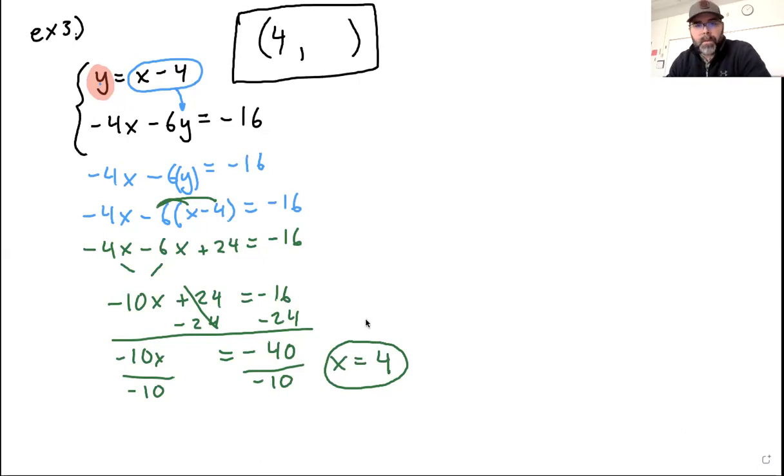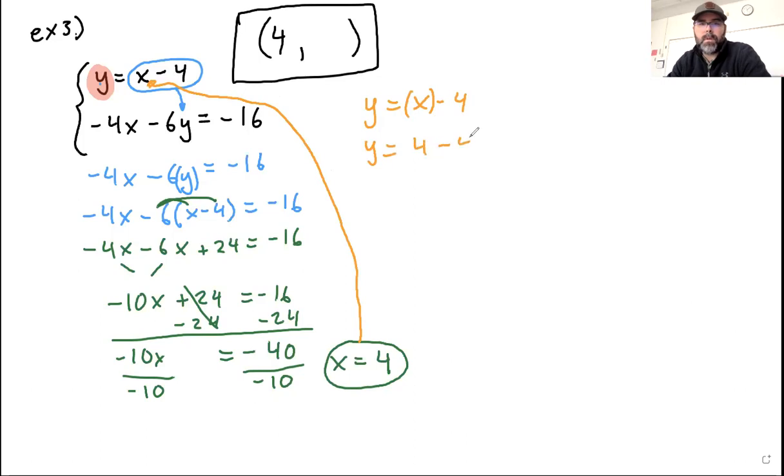So let's take that 4 and plug it into this equation for x. So let's rewrite this equation. Y equals x minus 4. This x is going to be replaced. Y equals 4 minus 4.